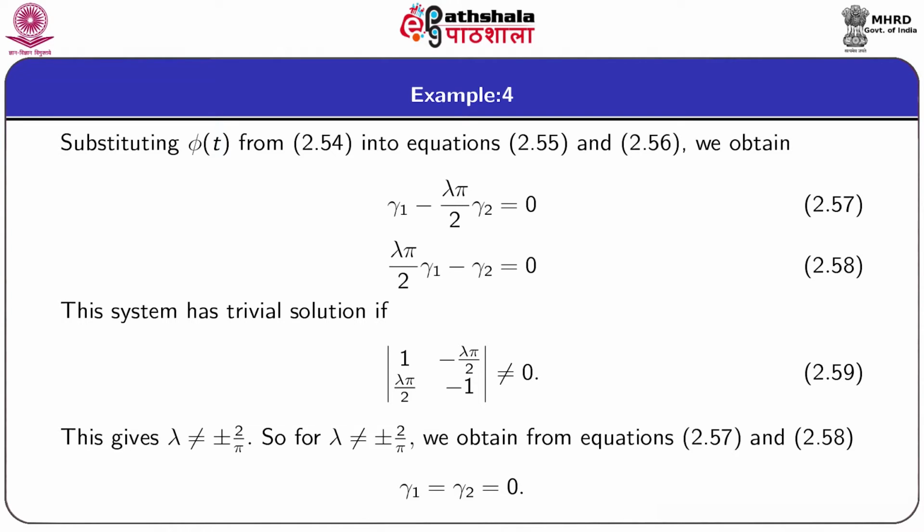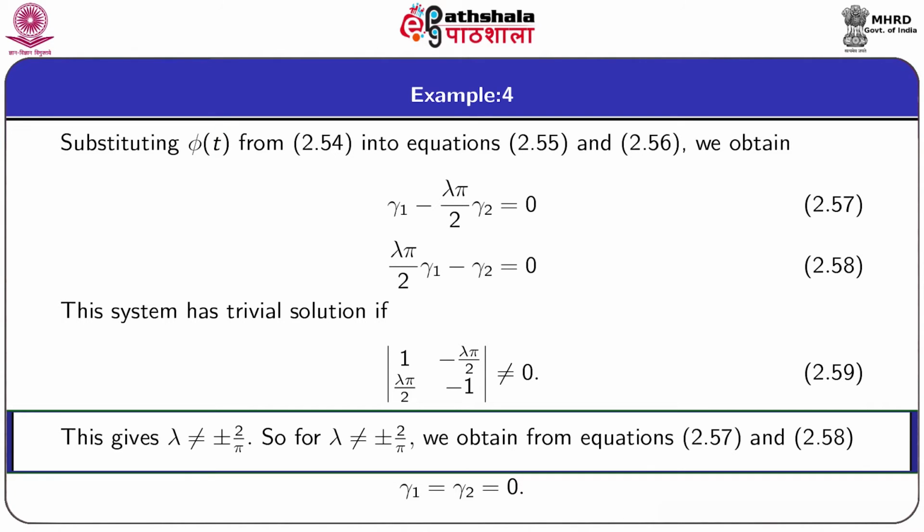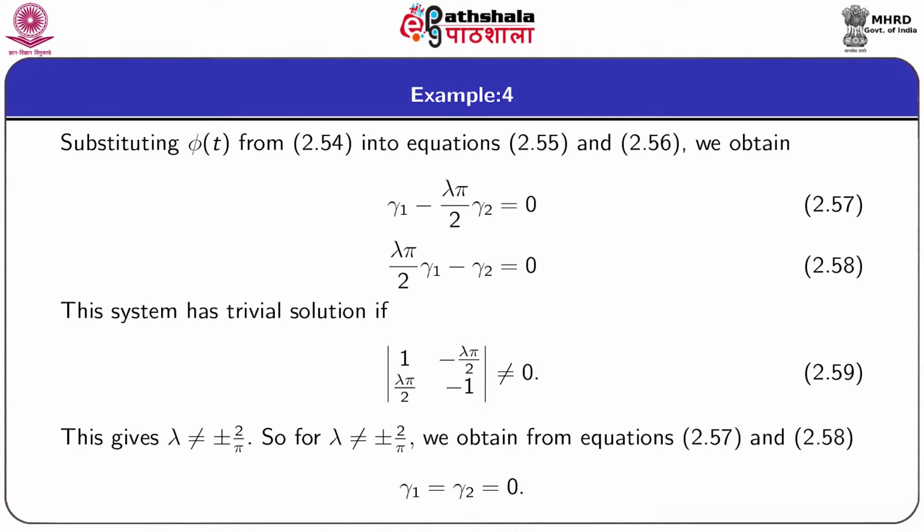So, for lambda not equal to plus minus 2 by pi, we see that the system of equations 2.57 and 2.58 has only a trivial solution. In that case, the given homogeneous integral equation will also have only a trivial solution.